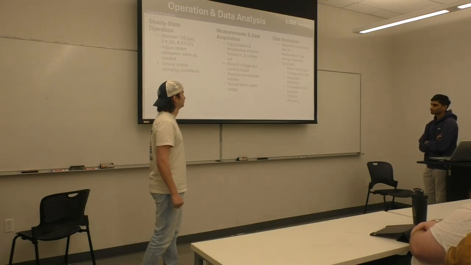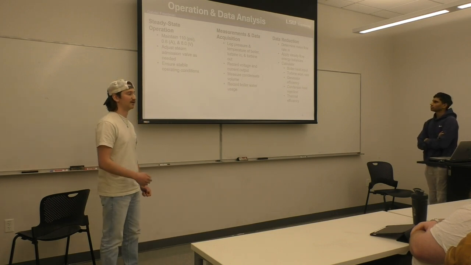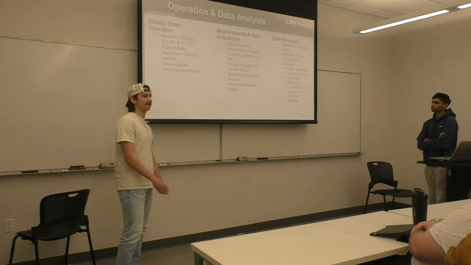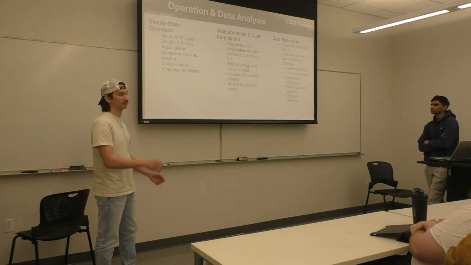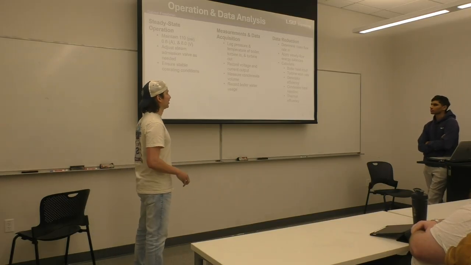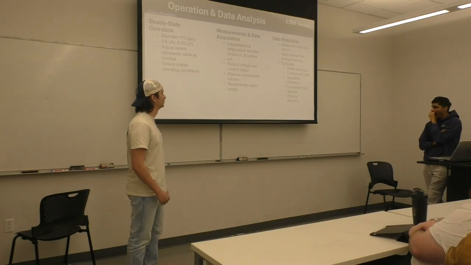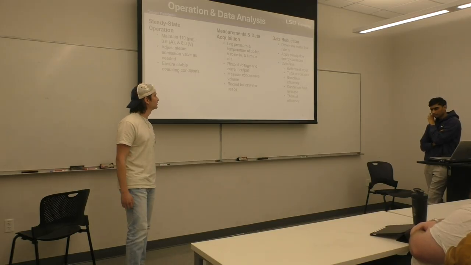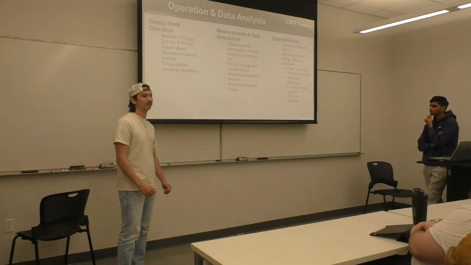For data reduction, you want to determine the mass flow rate. You'll use a table that's provided in the lab manual. At the end, it's a huge table. I couldn't provide it on the PowerPoint, or it'd be too small to read. But you want to apply the steady flow energy balances. You want to calculate the boiler heat input, the turbine work rate, the generator efficiency, the condenser heat rejection, and the thermal efficiency.